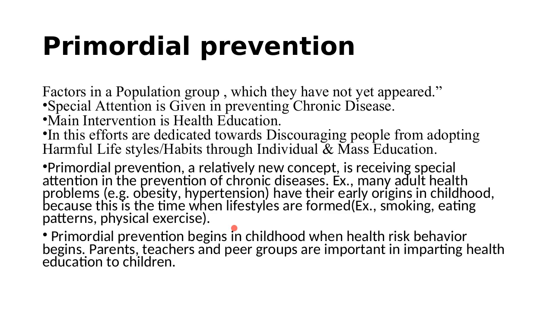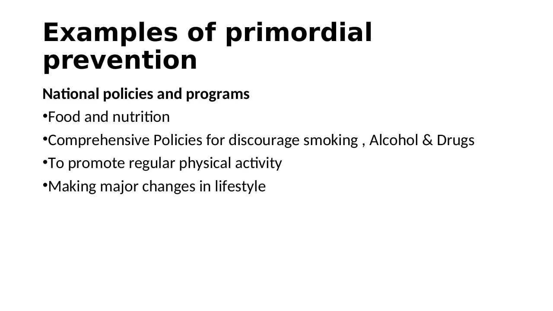So you can explain to them what these risk factors are to people who are healthy, and you're helping those people who are healthy. So primordial prevention begins in childhood when health risk behavior begins. Parents, teachers, and peer groups are important in imparting health education to children.